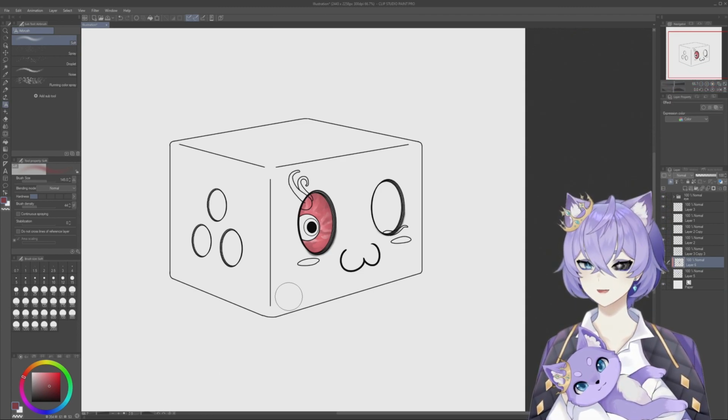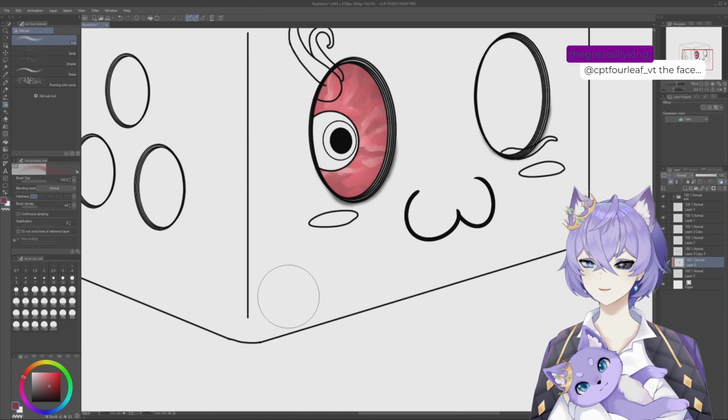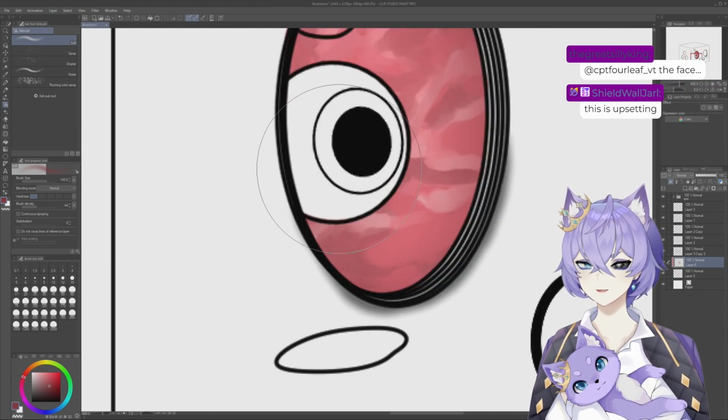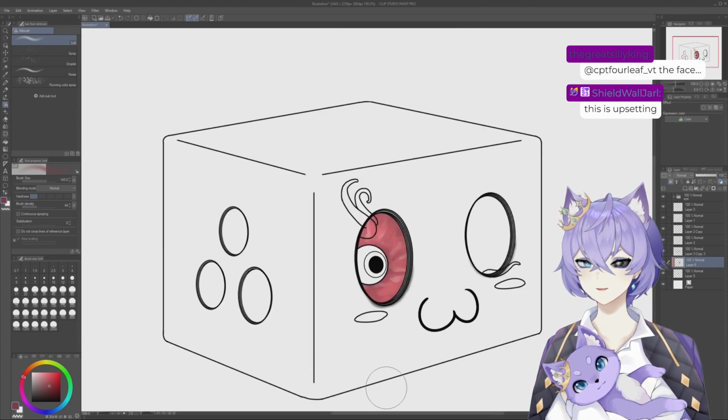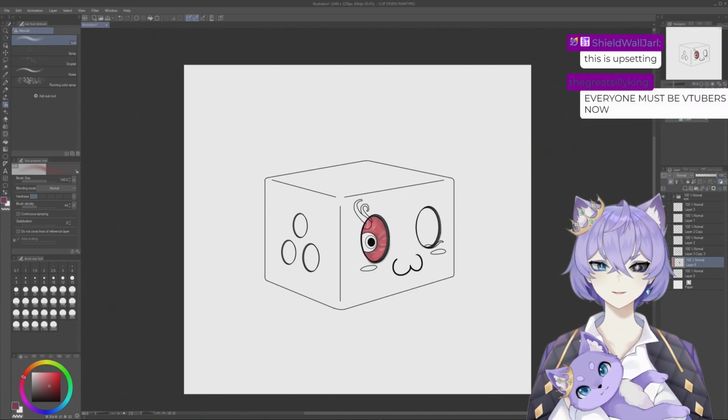Oh my god, that looks messed up as hell. Holy shit. And then we add a little more shading around the eye socket. Oh my god, that's creepy.